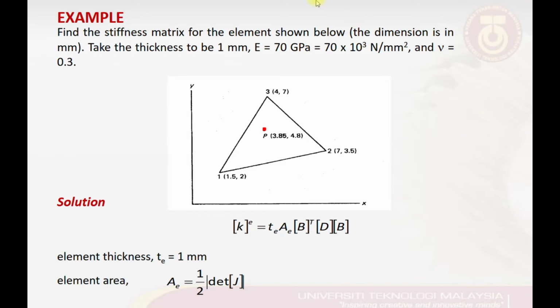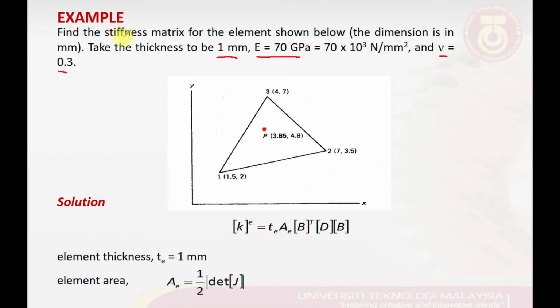But in this problem, the thickness of the element is given as 1 millimeter, the modulus of elasticity is 73 gigapascal, and the Poisson ratio is 0.3.